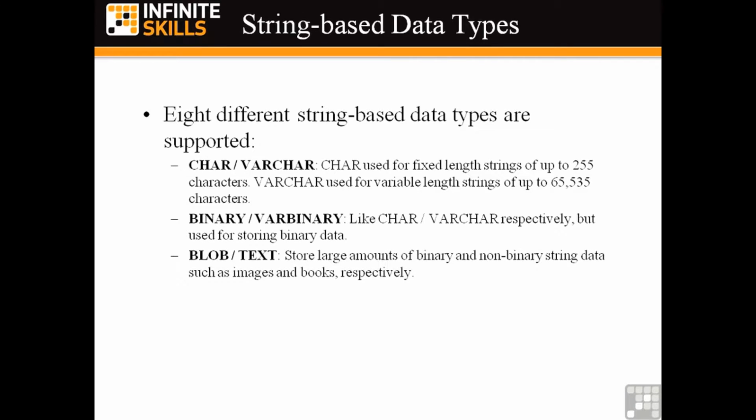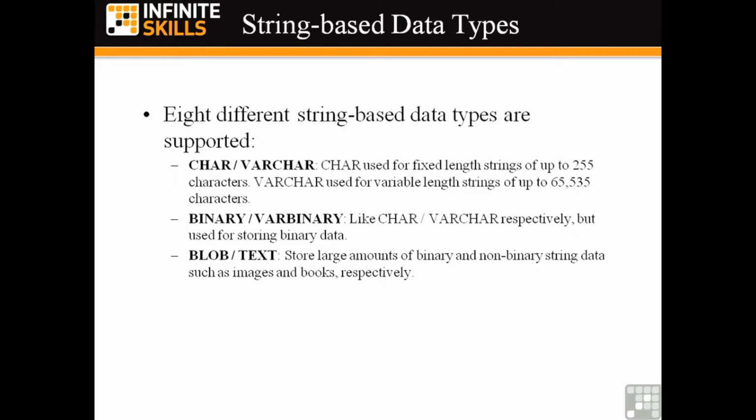The blob and text types are used for storing very large amounts of string-based data, with the blob type intended to store very large binary string sequences, such as an image or a zip file. The text type is intended to store large non-binary strings, such as the text found in a book.